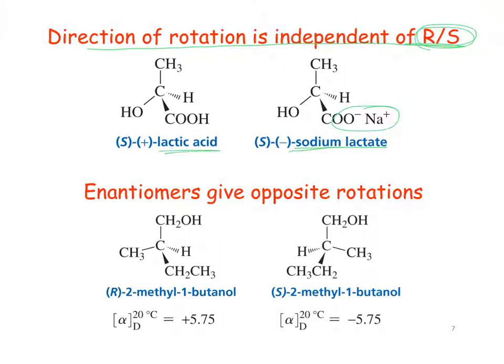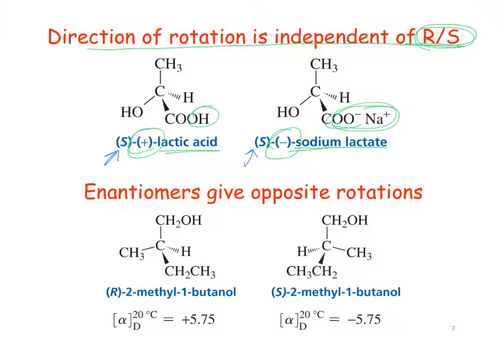Notice that in this case, all that's been done is convert the acid into its conjugate base, and the optical rotation goes from being dextrorotatory to levorotatory, even though the chirality S remains the same.